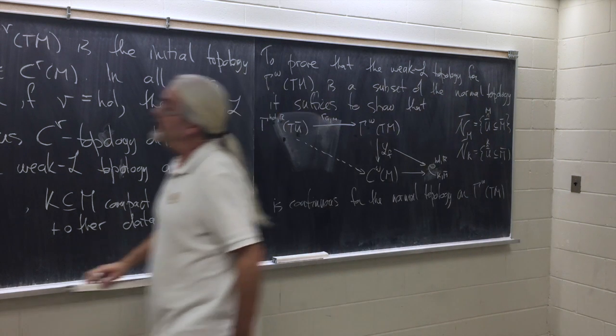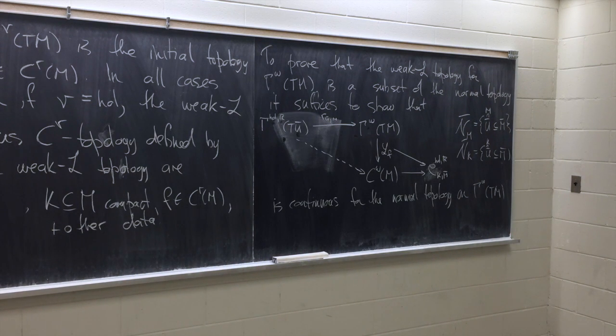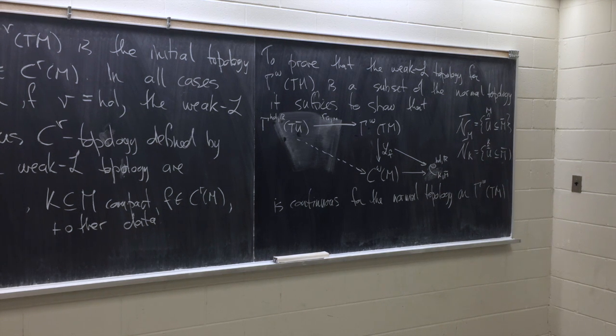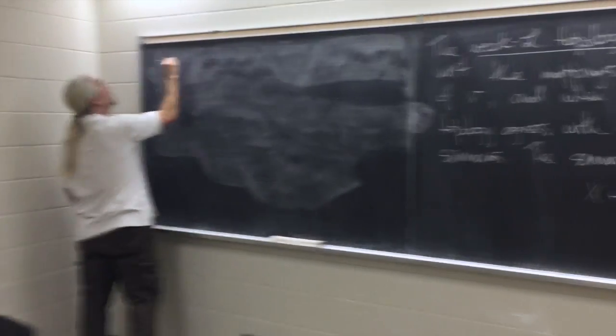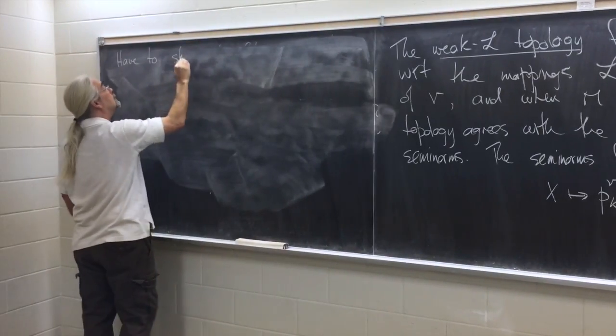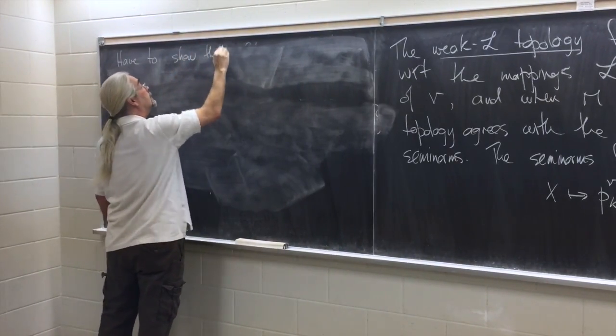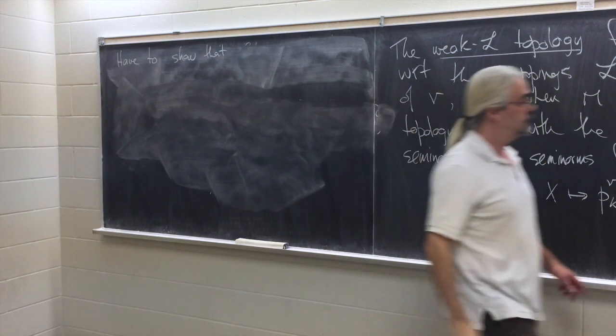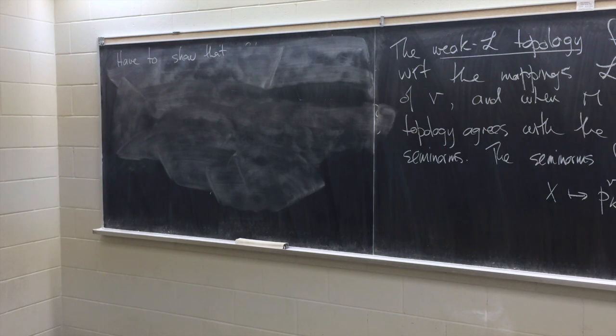So what we have to prove then is that this mapping is continuous, and I'll call this one inclusion, I K bar.